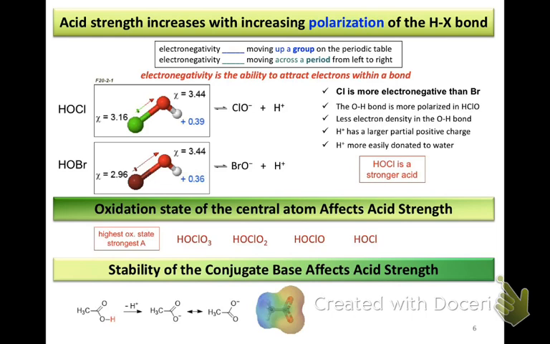You could also say that the highest oxidation state has the strongest acid. So in HOClO3, we're going to have more electron withdrawing power because there are more oxygens here. It's a positive 7 chlorine oxidation state. And the next one is a positive 5 chlorine oxidation state.